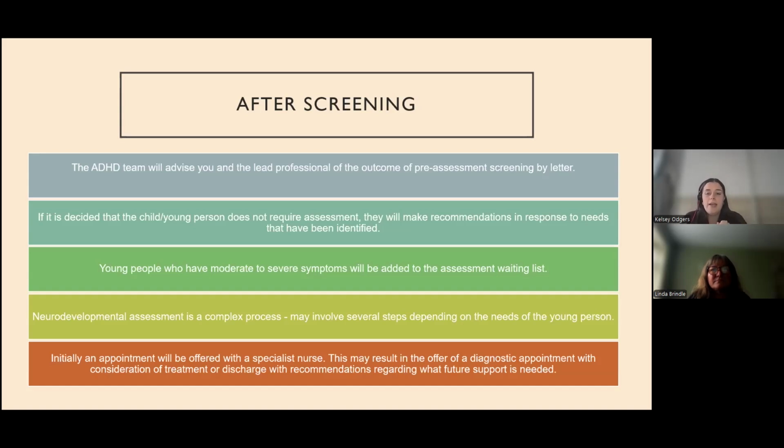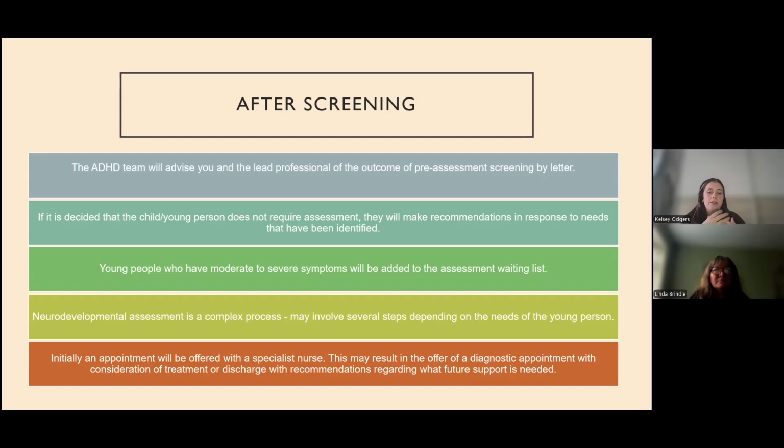And then it's a very complex process. It may involve several steps depending on the young person, and may include different professionals. Initially, an appointment will be offered with a specialist nurse, and this then may result in the offer of a diagnostic appointment.